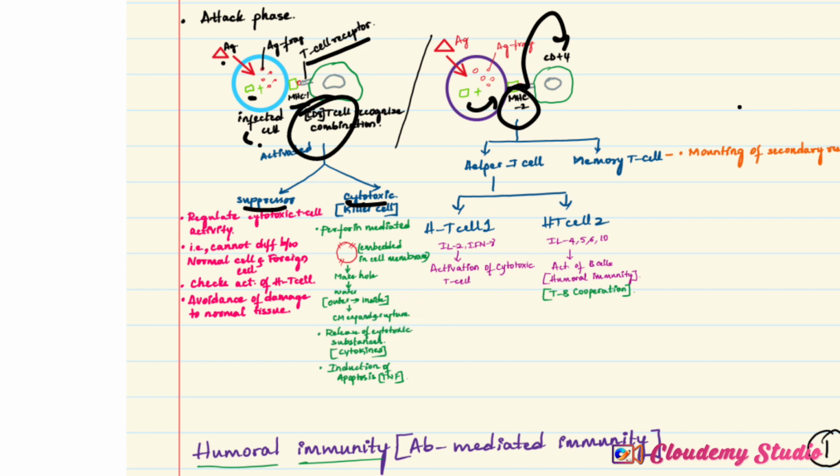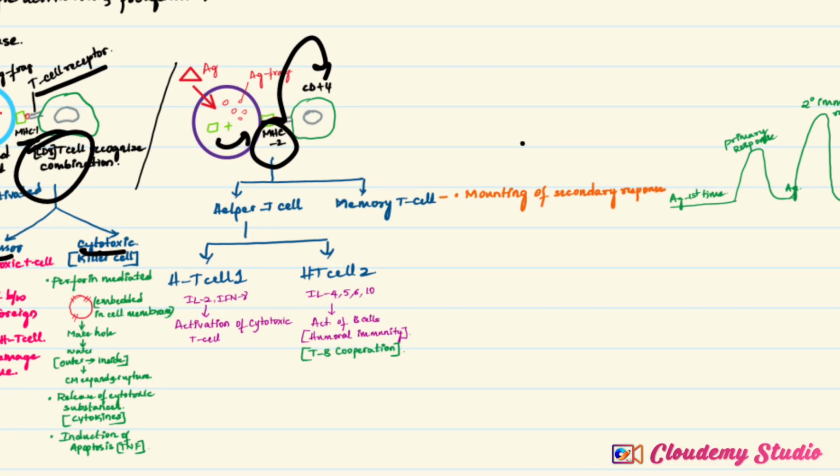Next, coming to the CD plus 4 T lymphocytes. When these get activated, again two types of cells will be formed, that is helper T cell and memory T cell. This helper T cell is again of two types, that is helper T cell 1 and helper T cell 2.